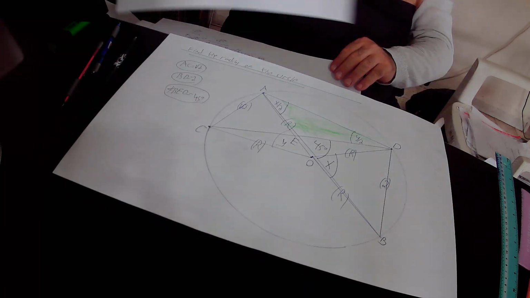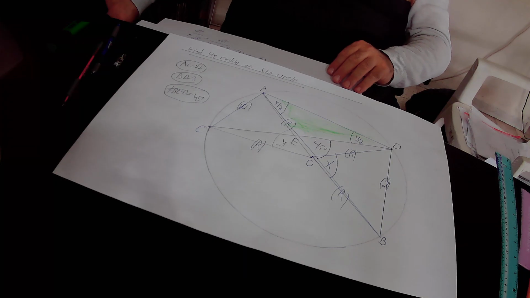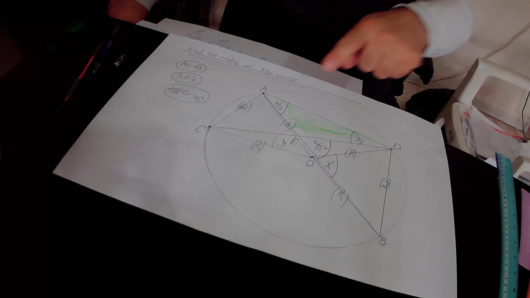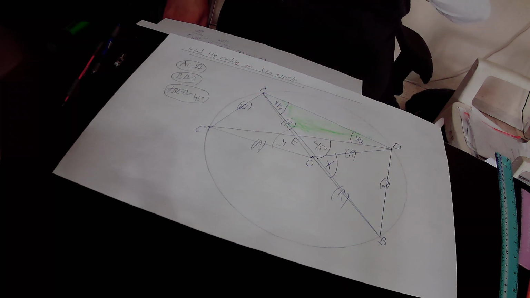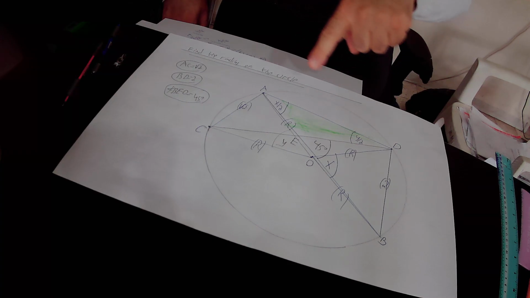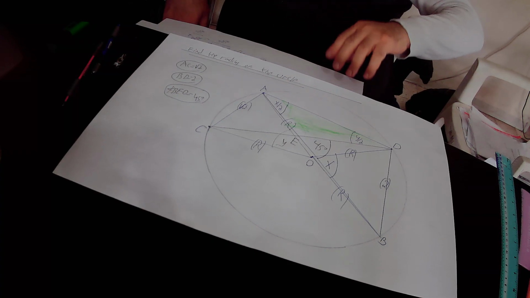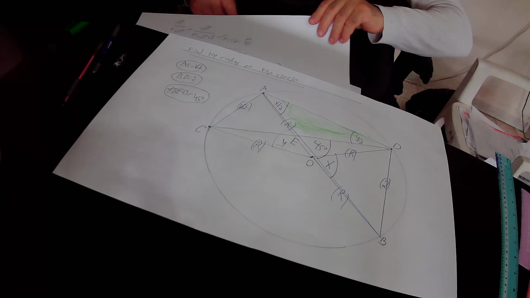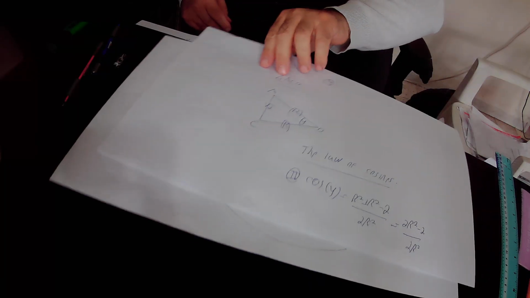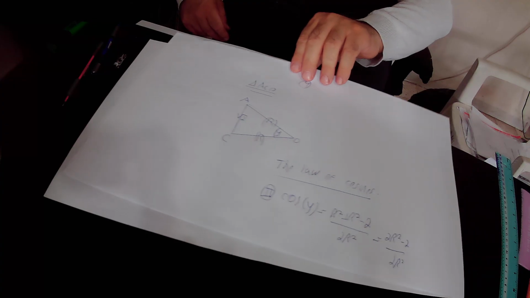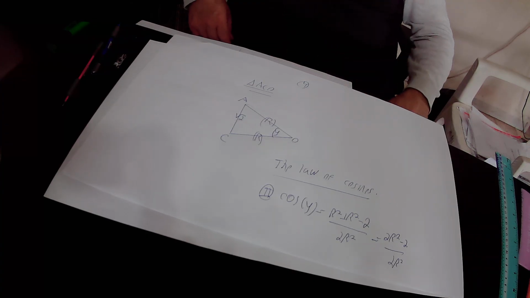Then I copied this triangle AOC onto a new page, and we implemented the law of cosines in this triangle AOC. This is the triangle AOC, the closest one from the original drawing.